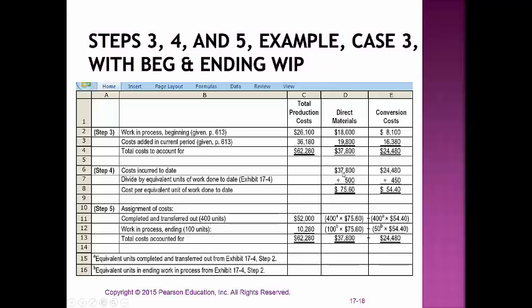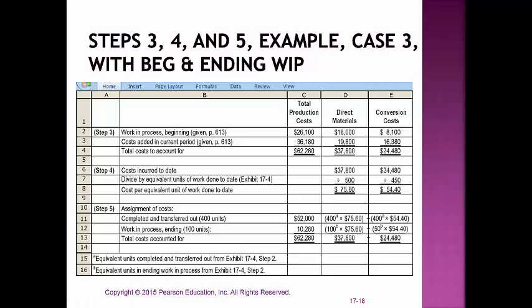So $37,800, we're bringing that number down, and $24,480 as to conversion and bringing it down. Now we need to go back up to step 2 and find our equivalent units. We had 500 as to direct materials equivalent units, and we had 450 equivalent units as to conversion cost.